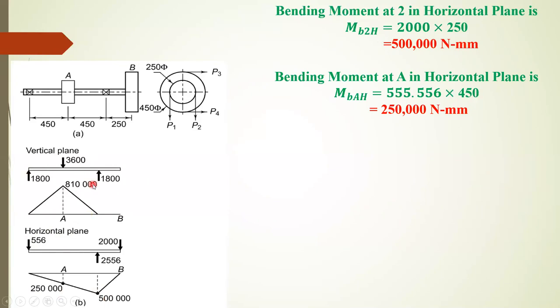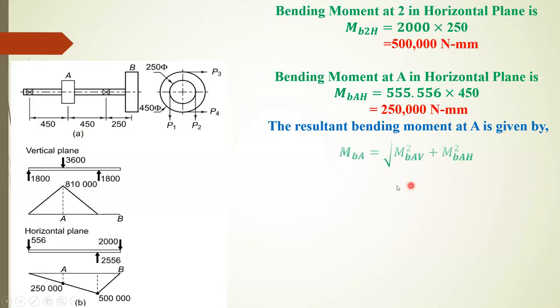As there are vertical and horizontal planes, we have to find the resultant bending moment at point A and at bearing 2, and check where the maximum bending moment will be, and that is to be taken for further calculation. For calculating the resultant bending moment at A, it is simply the square root of the bending moment at A vertical squared plus the bending moment at A horizontal squared.